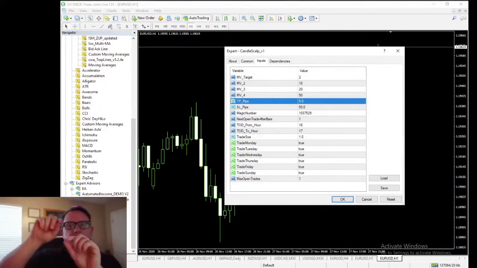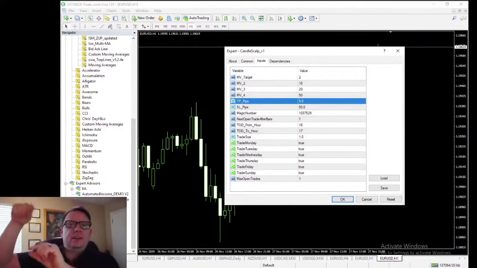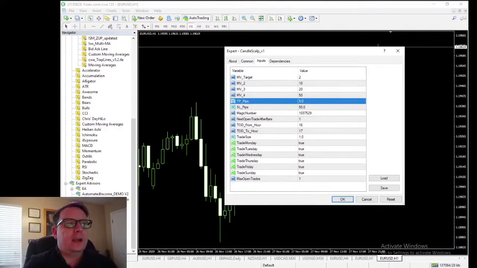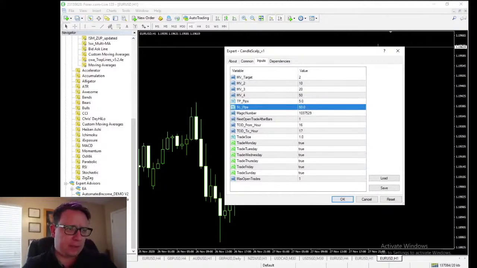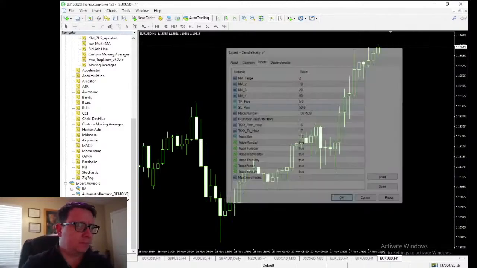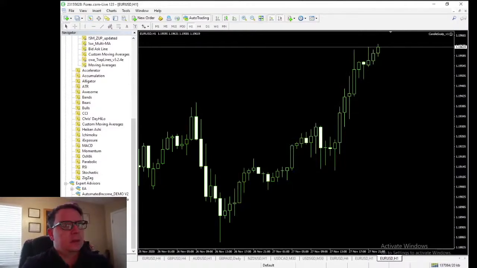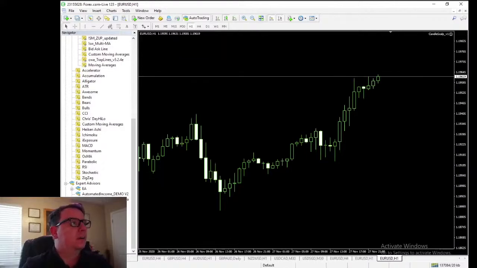So now you've got 10 pips, 15, 20, 25, 30, and it builds. The higher the pips, the riskier your expert advisor will be. The stop loss I put at 50 because it gives it room to bounce. That's on the chart right here, and this is actually live.